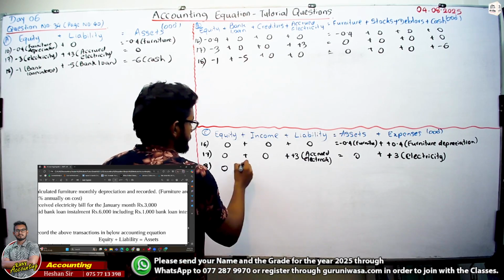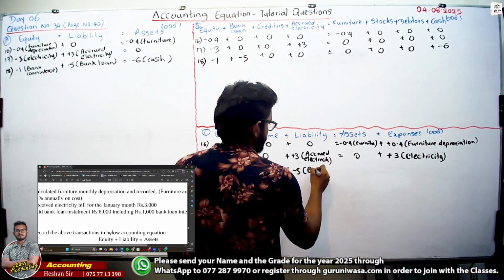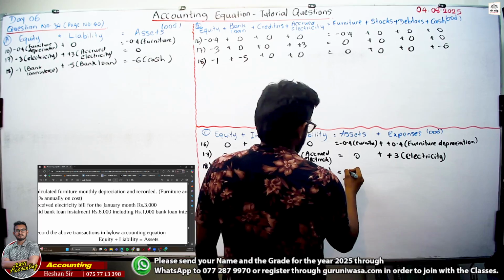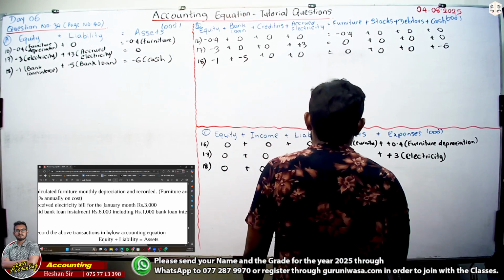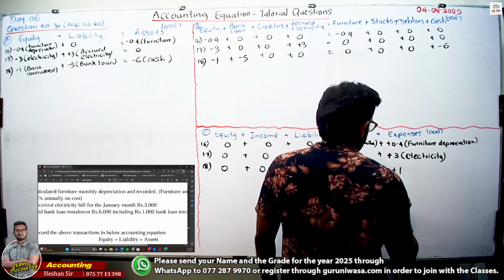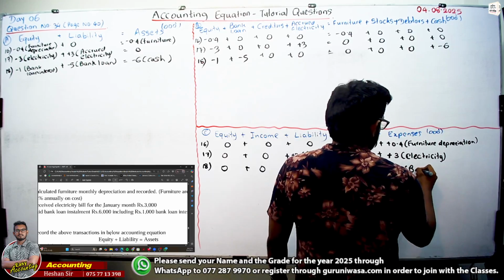In here, minus 5 bank loan, asset minus 6 cash, expense plus 1. In this formula, expense increases as bank loan interest.